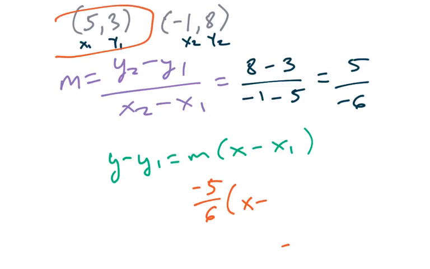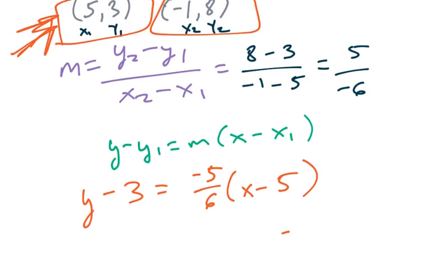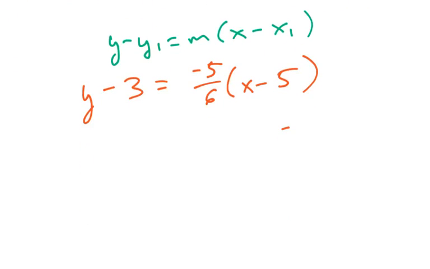You can use either point, it doesn't really matter. I'm going to use the first one because they're both positive, so it makes my life a little easier. Equals y minus y1, which is 3. Okay, so from here, we're going to go ahead and solve this, and because this doesn't distribute nicely into the quantity, I'm just going to multiply through by 6 to get rid of the fraction.